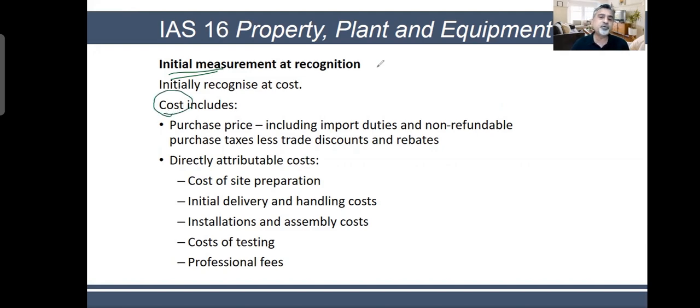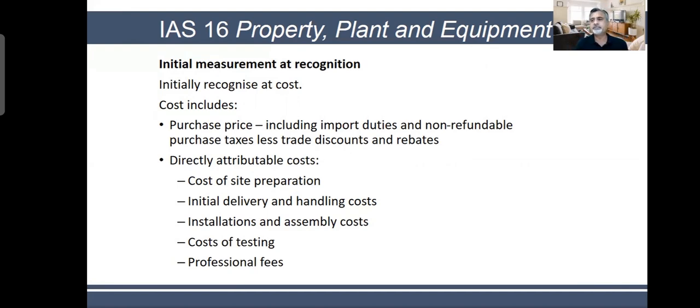And you should remember that cost is a bigger thing than the purchase price in most cases, because purchase price is the price of the asset itself, but cost is all those expenses which you incurred to bring the asset to present condition and location. Let me speak the definition.